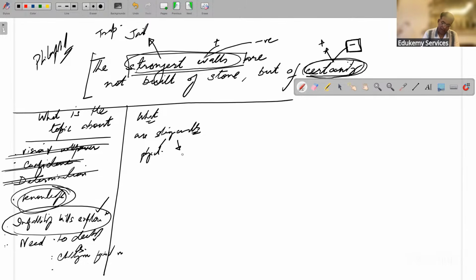The strong walls, are they about our mental thinking? Strong walls, does it mean infallibility of religions? Does strong wall mean being stoic? So what is strong wall? What is the meaning of built of stone?